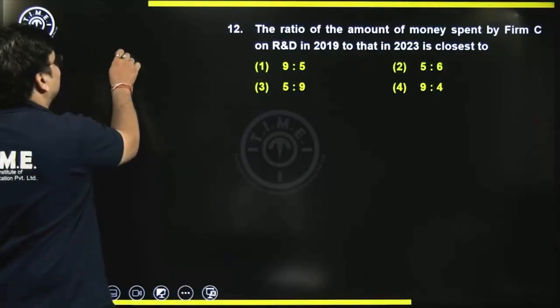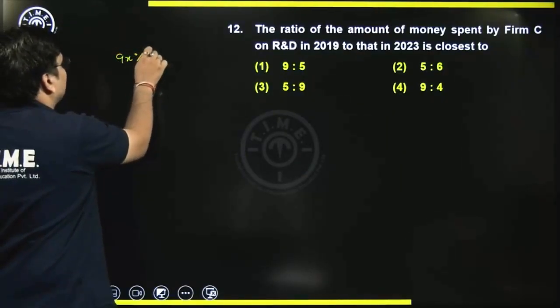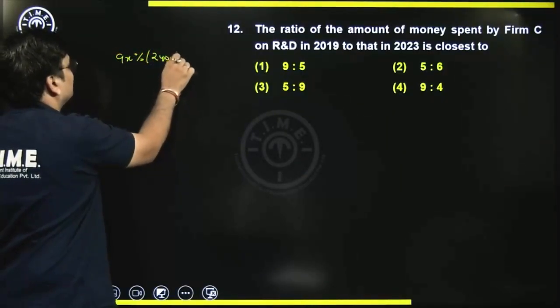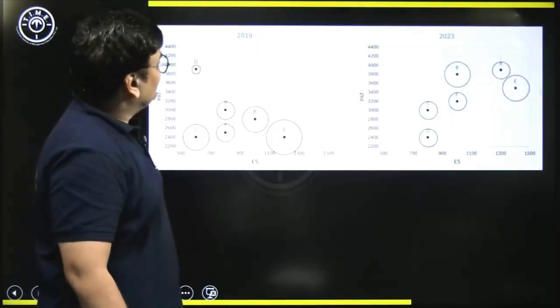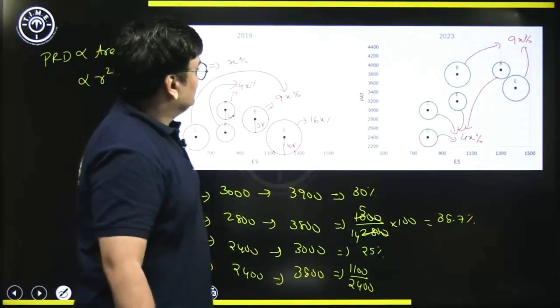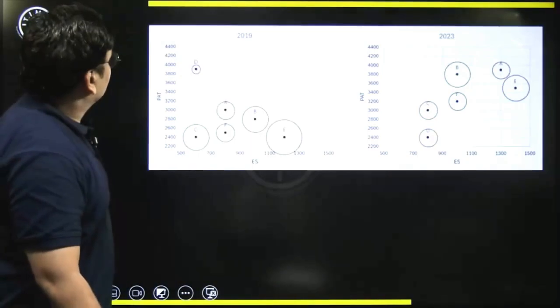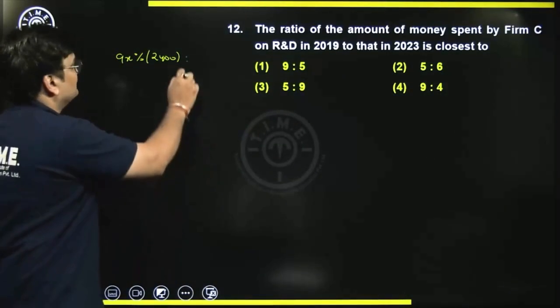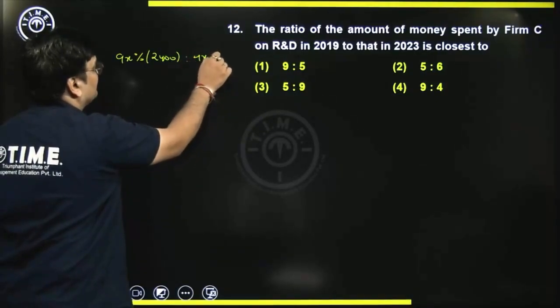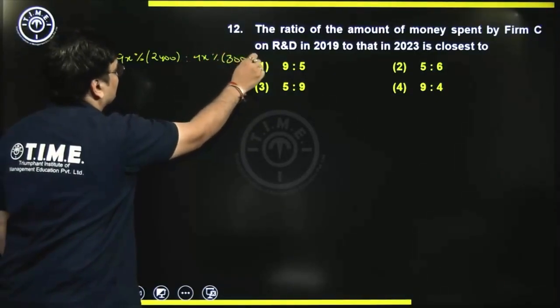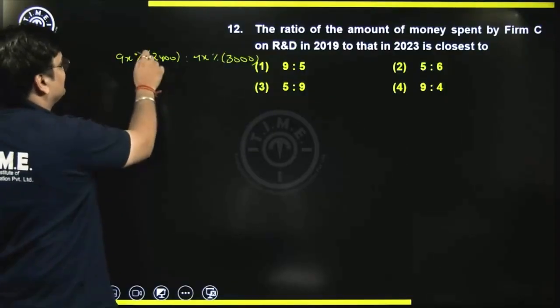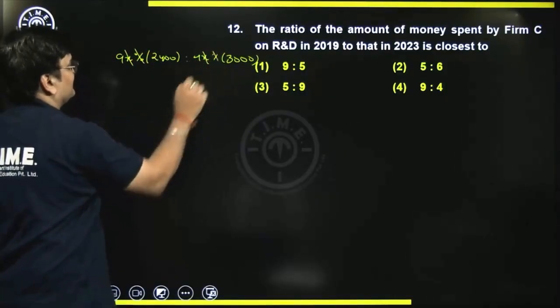In 2019, the value is 9x percentage of 2400, the PAT. And in 2023, the value for C is 4x percentage of 3000. So this should be our answer. Simplify it and get the answer. The x will cancel out, the percentage will cancel out.